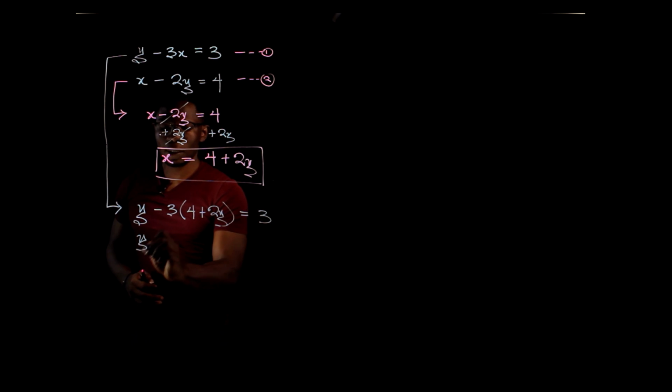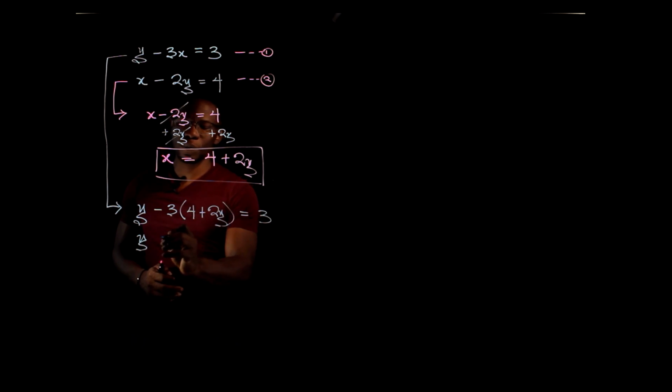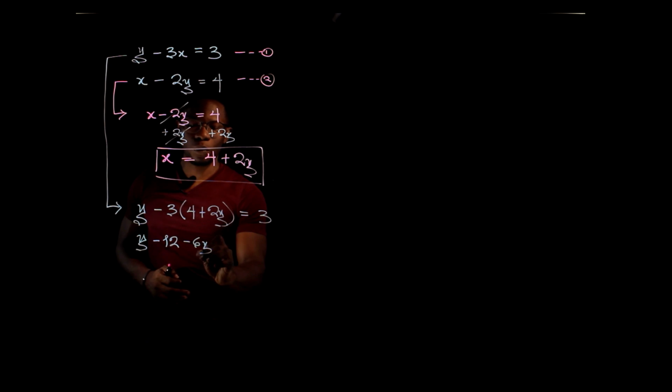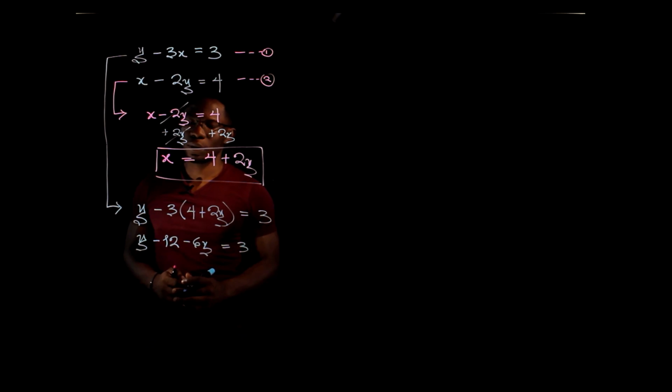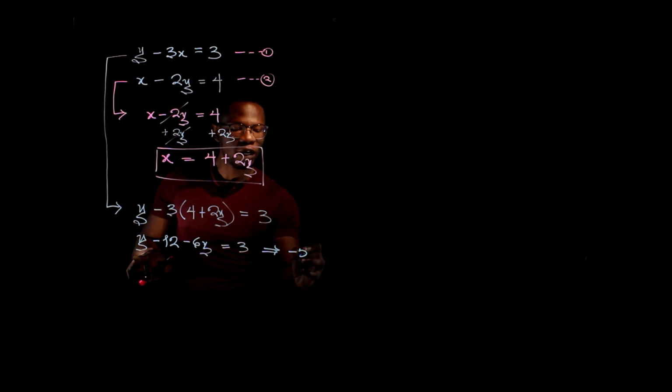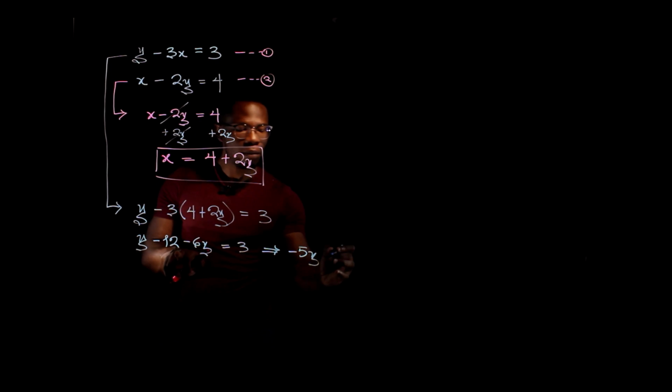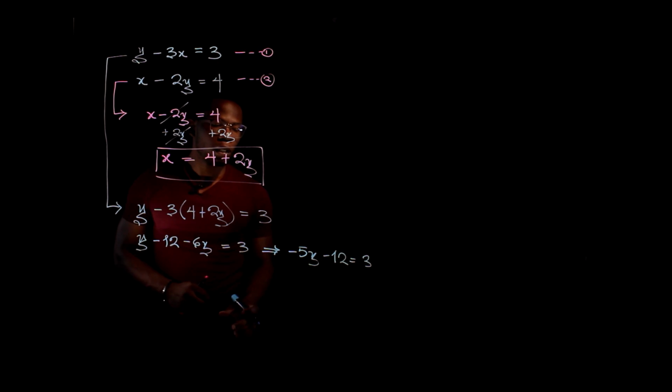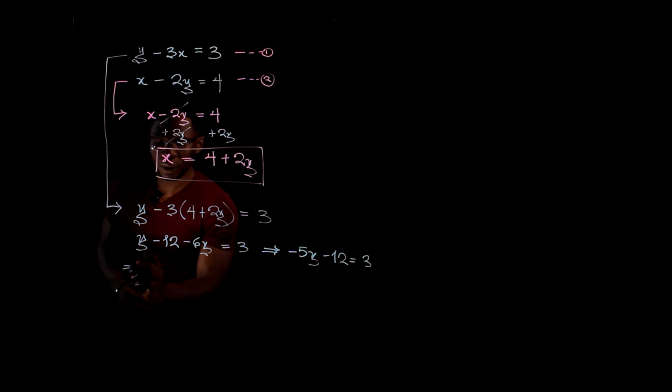So y minus 3 times 4 becomes minus 12. And minus 3 times 2y becomes minus 6y equals 3. So y minus 6y becomes minus 5y minus 12 equals 3. So now our equation becomes minus 5y.